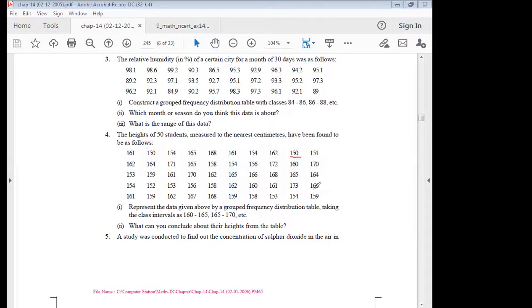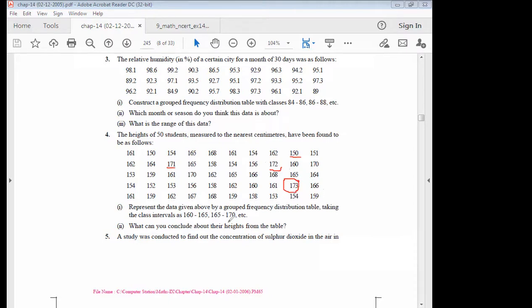Now similarly, what is the highest value given here? See, 166, 166, 171. What is above 171? Check, is 171 the highest or is there any other? Look here, 172, 173. Is there any value higher than 173? Check. No. So 173 is the last.